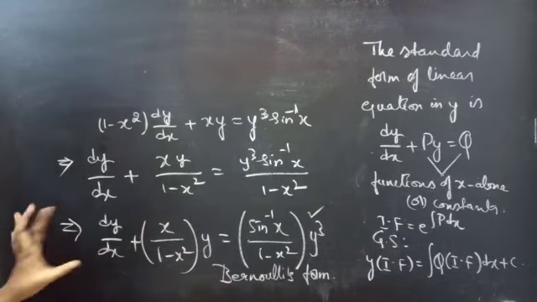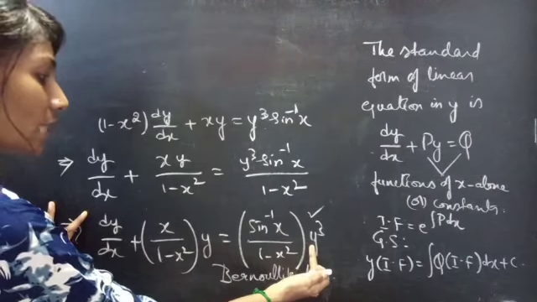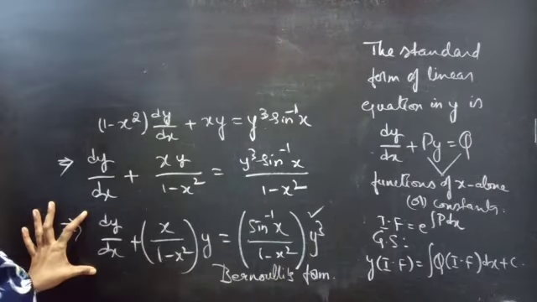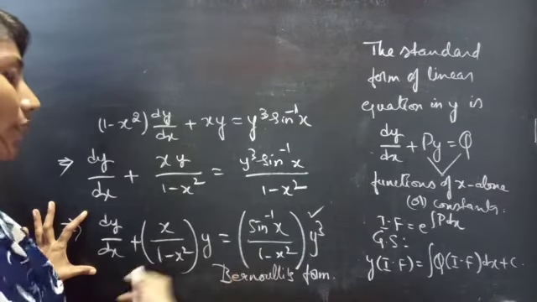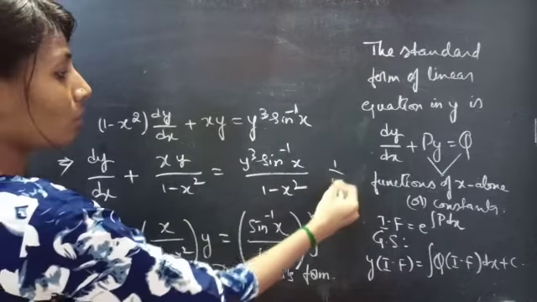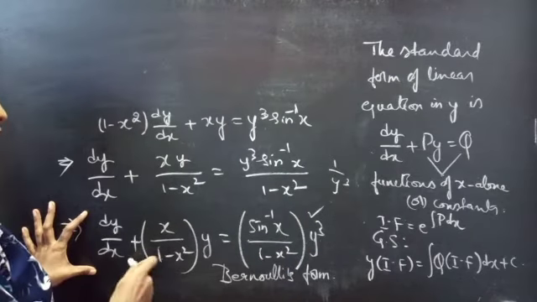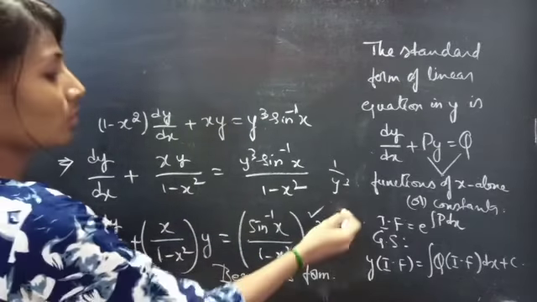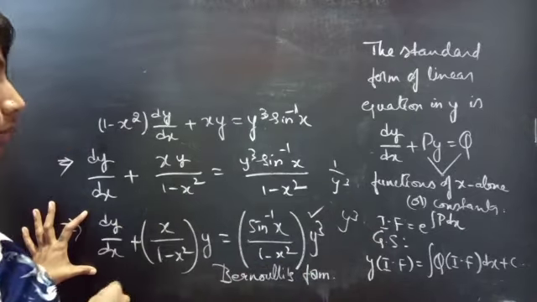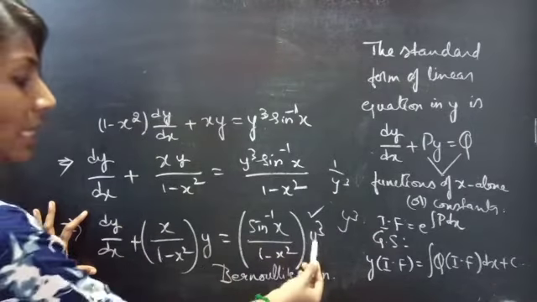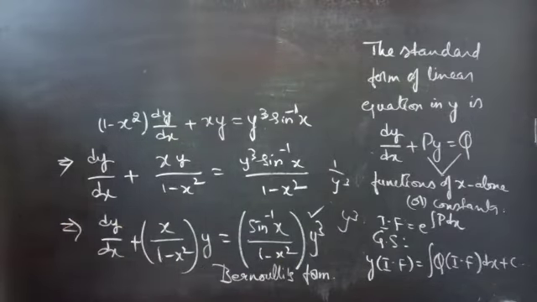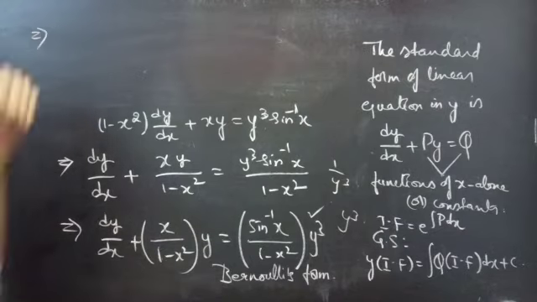So what we'll do, we can just take y cube to the LHS, or we can multiply both sides of the equation with 1 by y cube, or we can divide both sides of the equation by y cube. Now let's see what happens if we bring y cube to the LHS part. Firstly, I'll write the direct step.